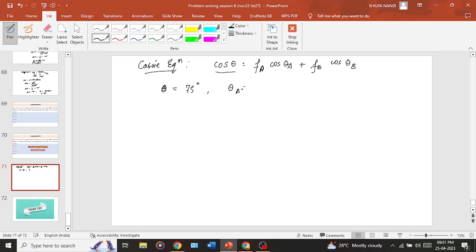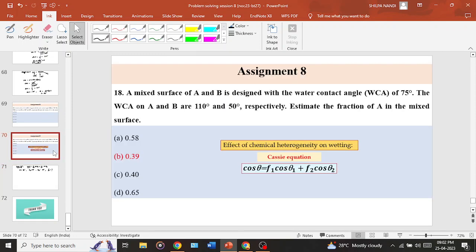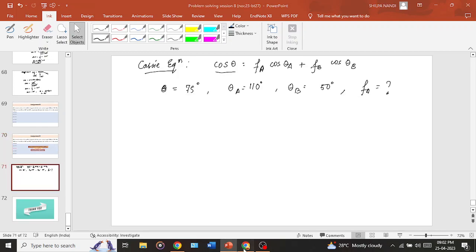Theta A we have as 110 degrees and theta B we have as 50 degrees. And you have to determine the fraction of A. Isn't it so? Yes, estimate the fraction of A in the mixed surface.